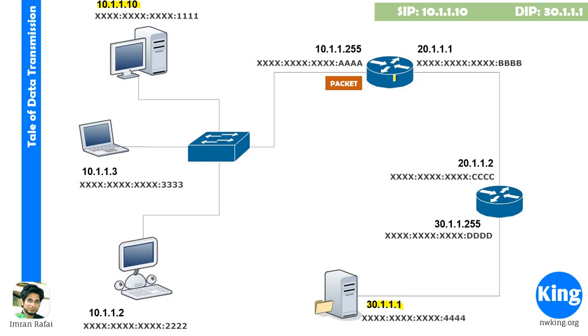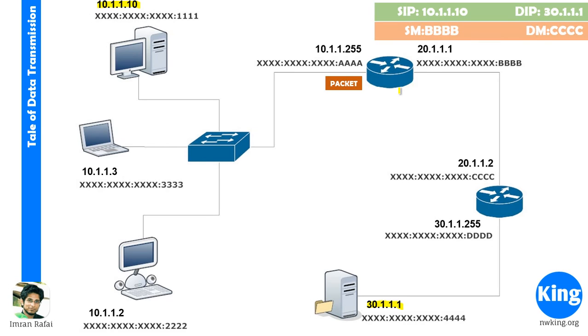Using that information, this router would have updated its routing table, right? Don't worry too much if you don't understand the routing concepts, because we will be dealing with routing and routing protocols in depth in the next subsequent videos. But for now, just know that this router knows that the 30.1.1.0 route is through the other router, so it needs to send that packet to that router.